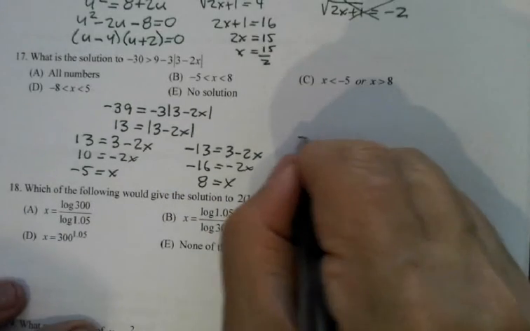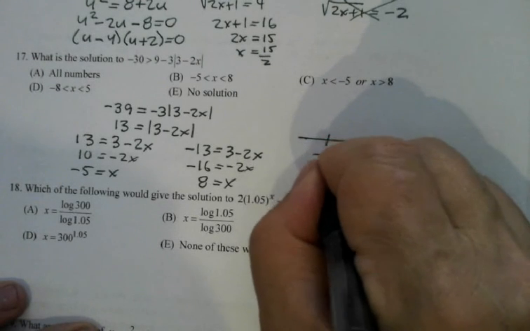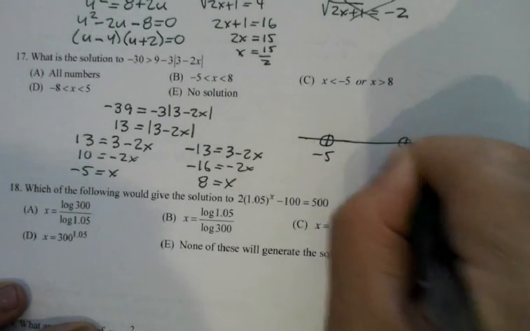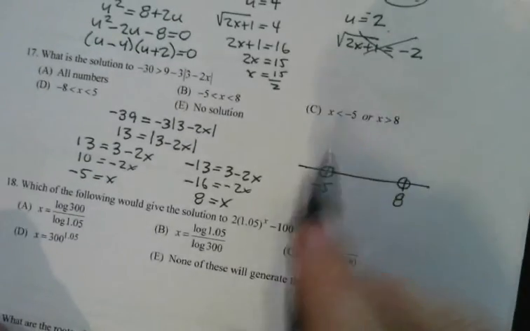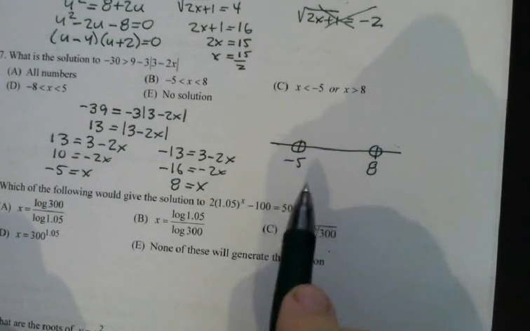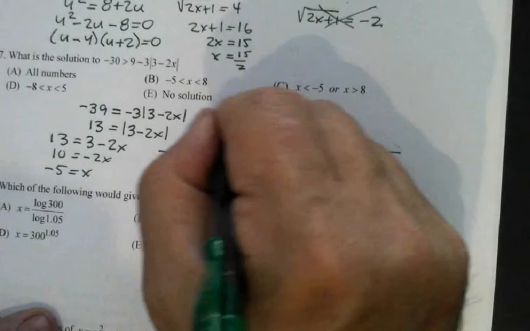Then I'm going to do a number line, and now I'm going to go back to my original equation. We had negative 5, we have 8. Now, it's either going to go true, false, true, or false, true, false. So I'm going to plug in 0 to see if it's true or false. Plug in 0.